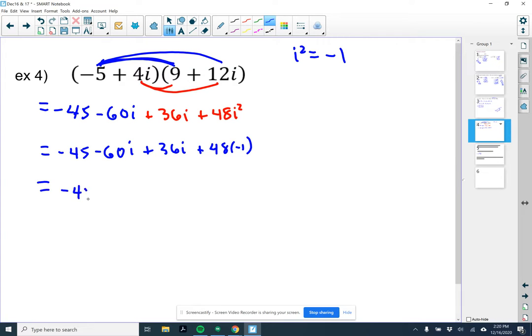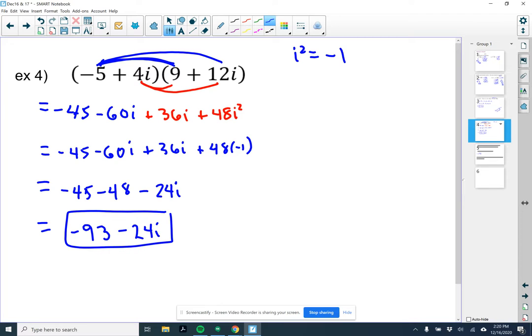So I have -45 and -48. This is a -48 right here. And then the -60i and the positive 36i are going to be -24i. -45 minus 48 is -93. And we have our answer here.